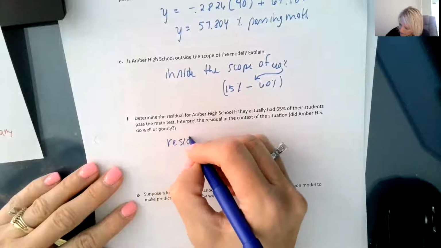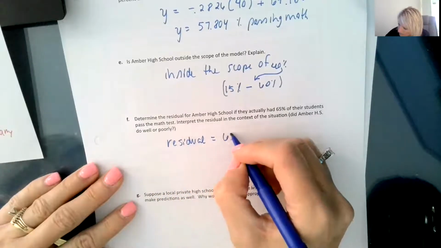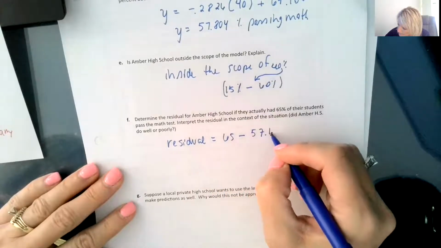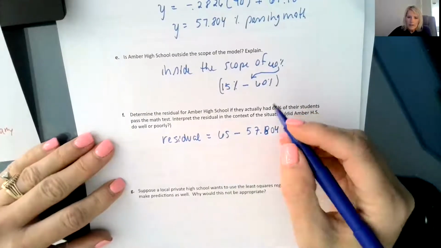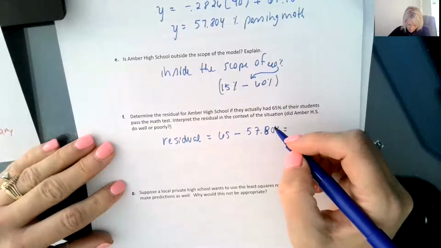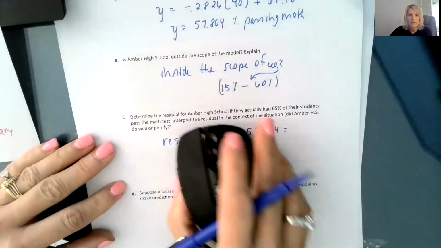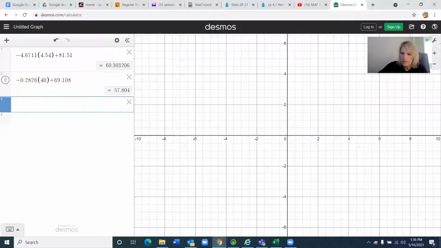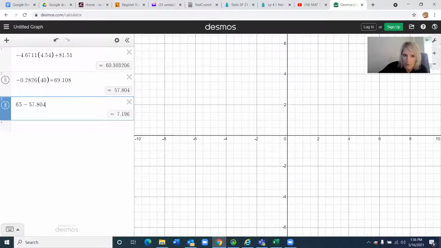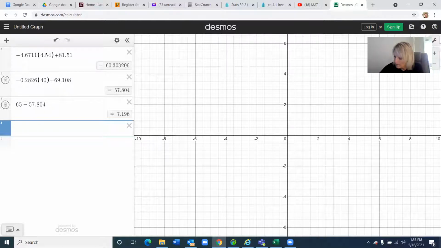So the residual is what they actually had, 65, minus what we predicted, 57.804, which comes out to be a residual of 7.196. That's our residual.